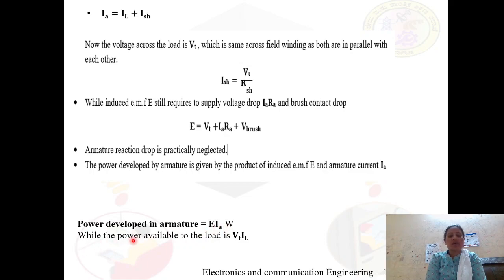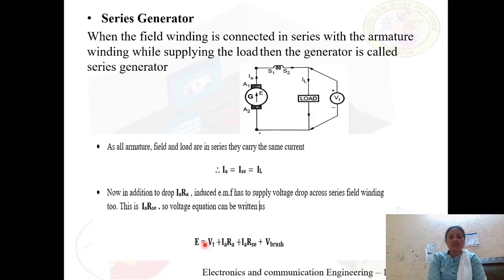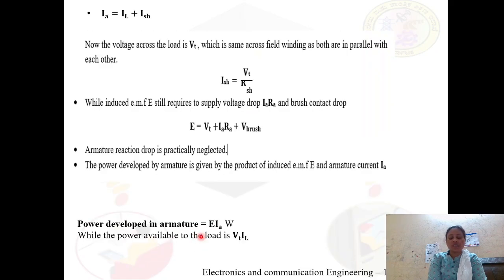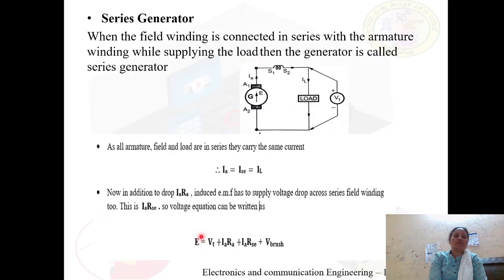Next, the power available at the output is the load voltage and the load current. Here the load voltage is the terminal voltage Vt and the load current is IL. So the product of Vt into IL will give us the load power. Okay, so this is about the shunt generator.